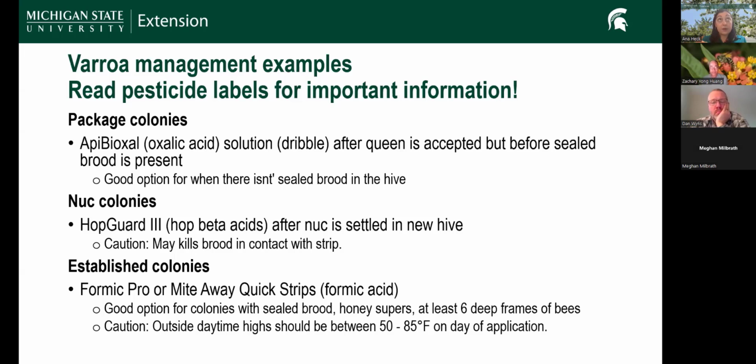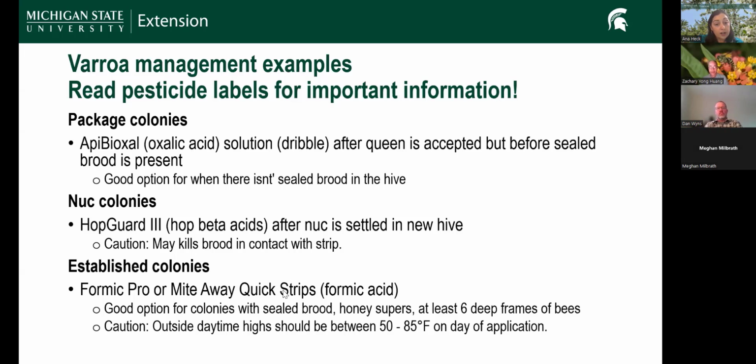And in my experience, the brood that was touching the strip didn't look like it survived. So you might want to be careful how you place the strips, and also consider doing it when the nuke can handle losing a little bit of brood. But that would be a nice option for a smaller colony that has sealed brood.